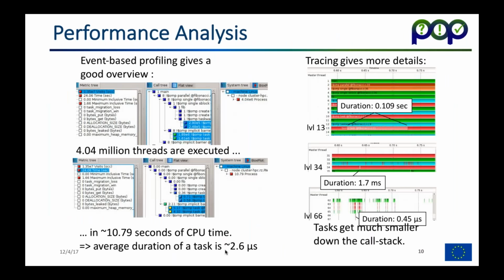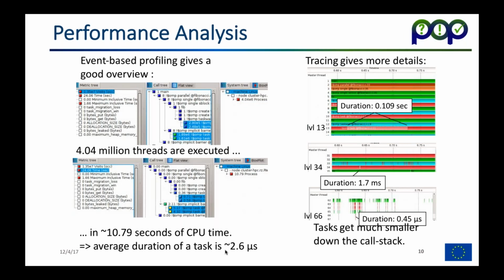So I used the Scorep measurement system for the performance measurement, and for visualization, on the left side is the Cube GUI, which is part of the Scalasca toolset, and on the right-hand side is the Vampir trace visualizer.